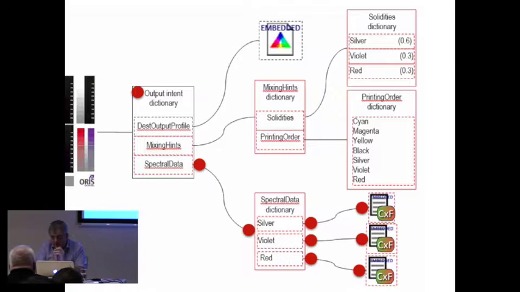So far for PDFX4, for example, we have the output condition identifier, we have a destination profile describing the printing condition for which the file was prepared, and maybe some other data. In an extended output intent dictionary, we could have an entry called spectral data. And this is exactly where you would put a CxF X4 file.